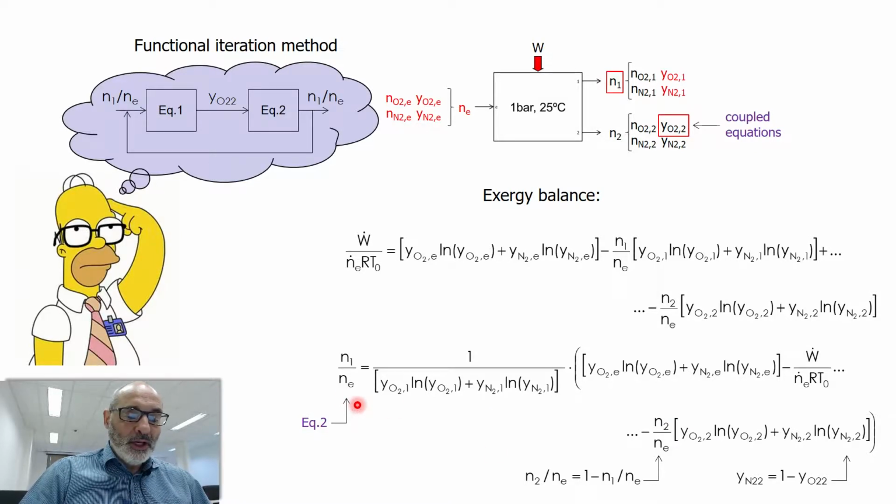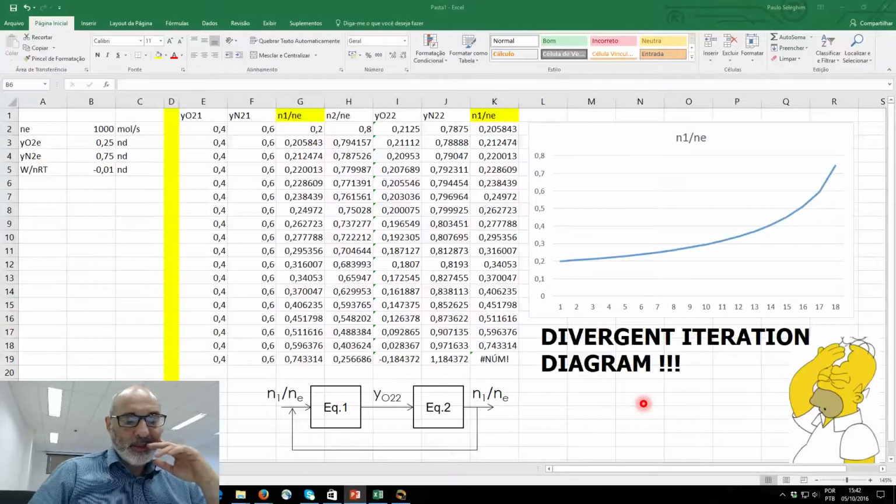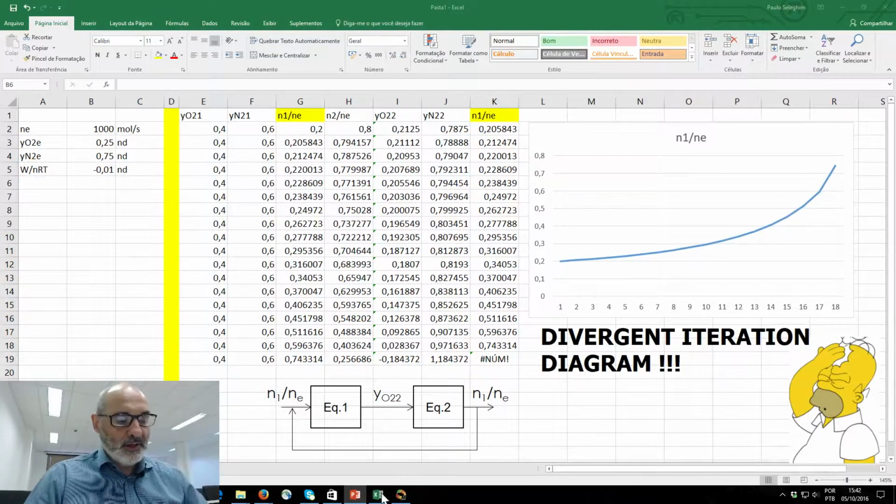So this is equation number 2, and I can use the mass balance equations because I don't want to work with N2, or with any variable relating to exit number 2. So I use the mass balance equations to replace the corresponding values with the ones relating to number 1. And, well, we make this iteration process. I think this spreadsheet is here. Let me see.